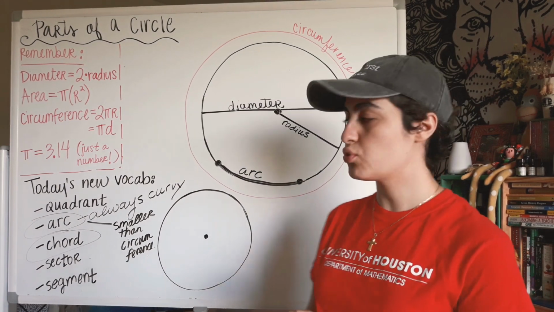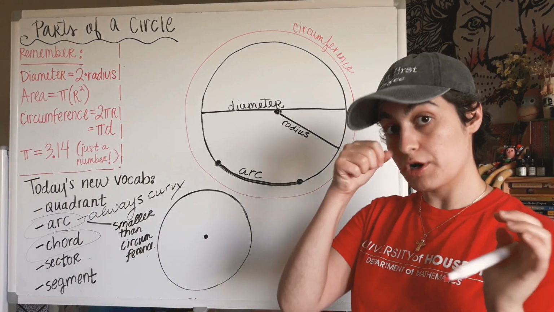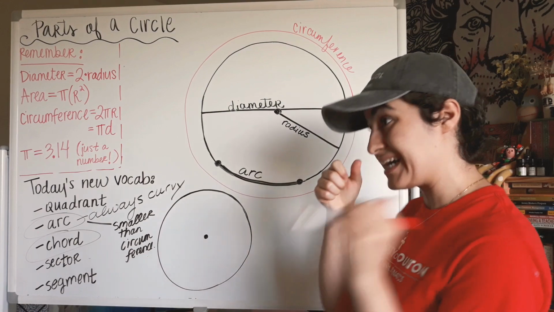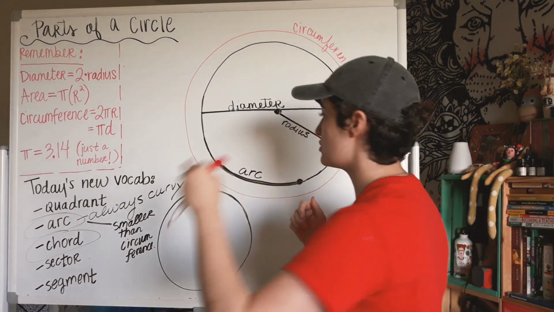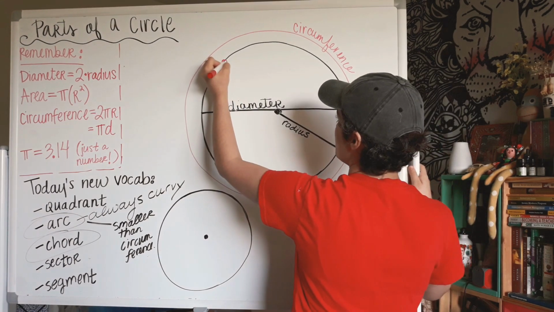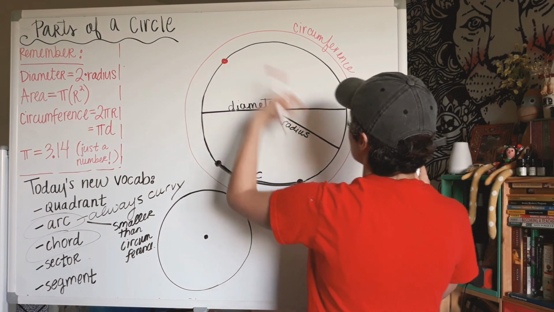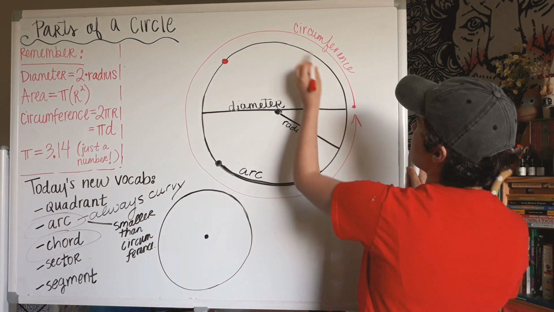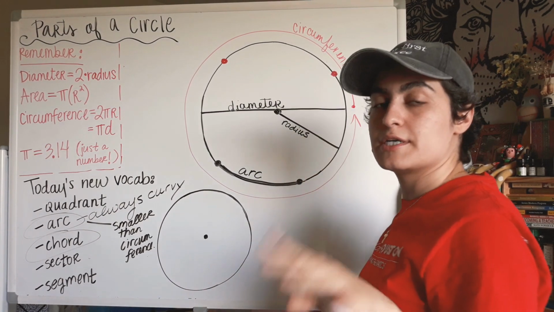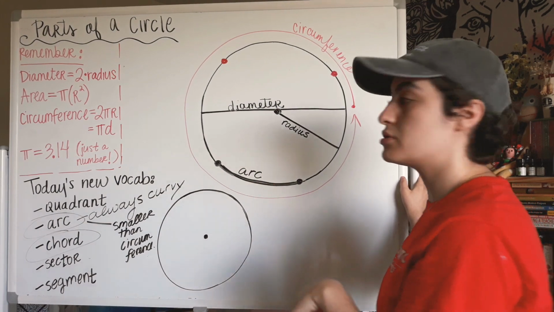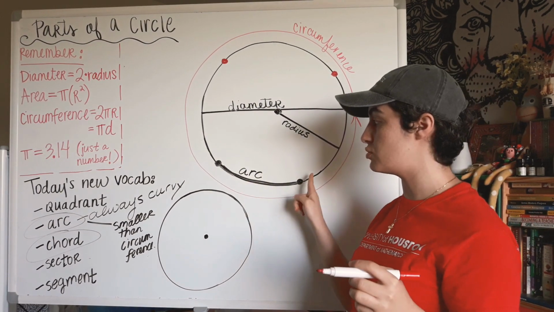Now let's talk about chord. Again, you pick any 2 points on the edge of the circle. Say I pick this point and this point. Any 2 points on the edge of the circle, except you don't go curvy.